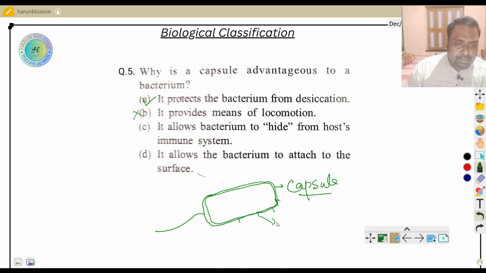Fimbriae help the bacterium to attach to the substratum. Okay. So here the capsule advantage is that it protects the bacterium from desiccation. It is the right answer. Next question.